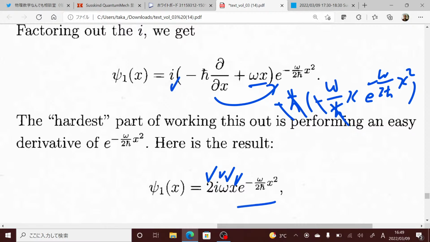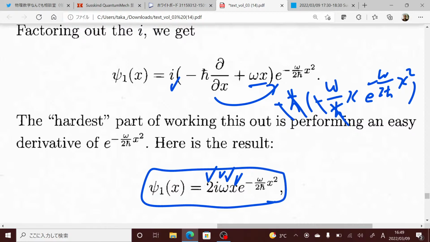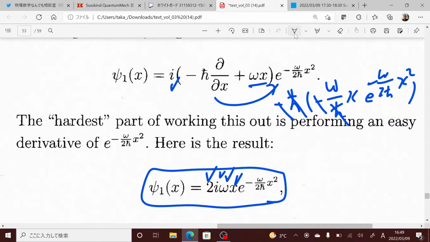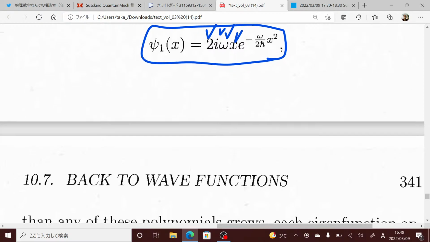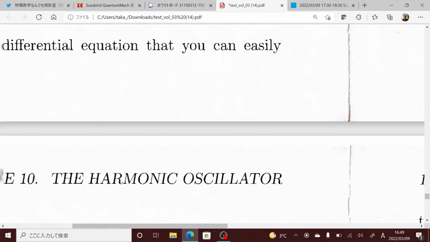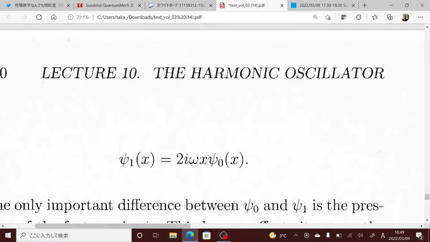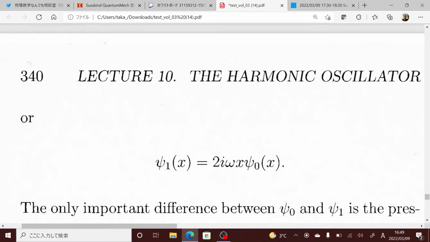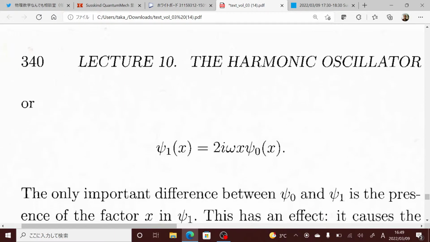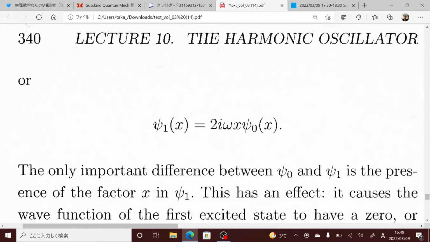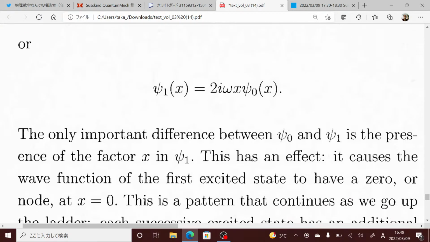So finally psi 1 of x is 2 i omega x psi 0 of x.